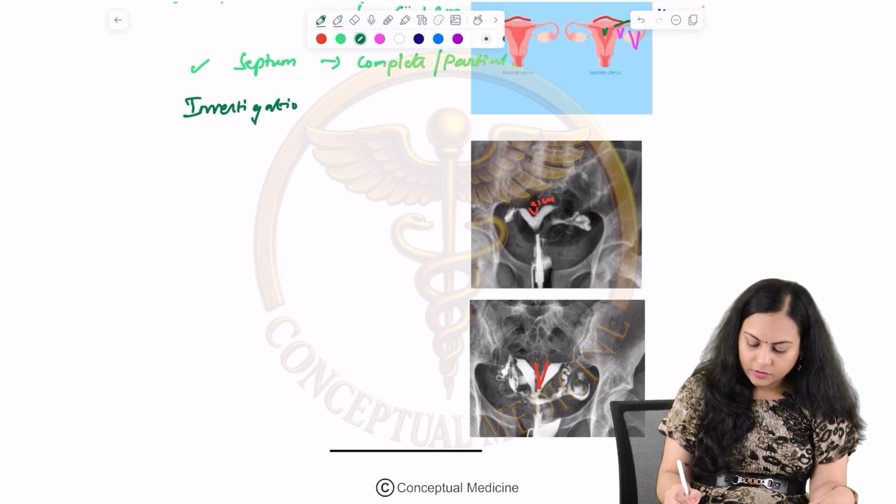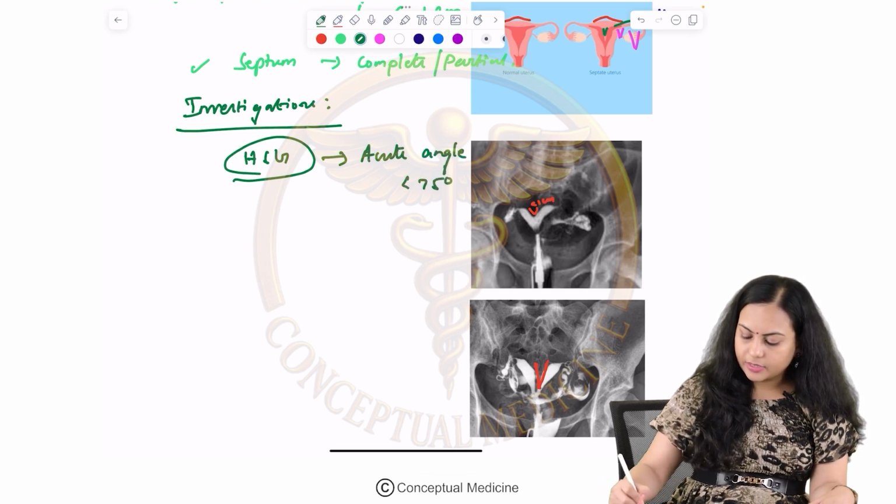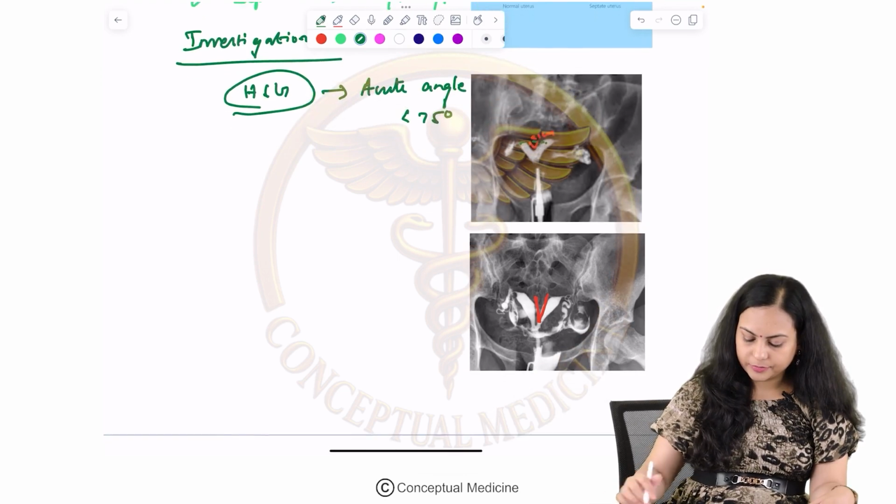Investigations will include HSG, which is going to show an acute angle, less than 75 degrees, between the two horns.